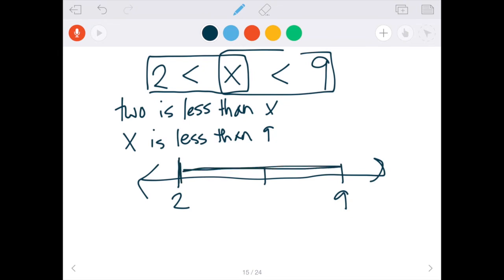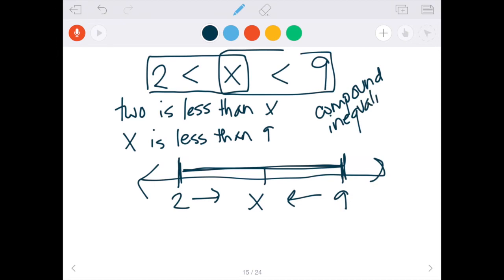It has to be somewhere in this area. x can be any place that is greater than 2 but less than 9, okay? This is called a compound inequality. And it's just sort of two inequalities at once. Just think to yourself that whatever x is has to be in between these two numbers, okay?